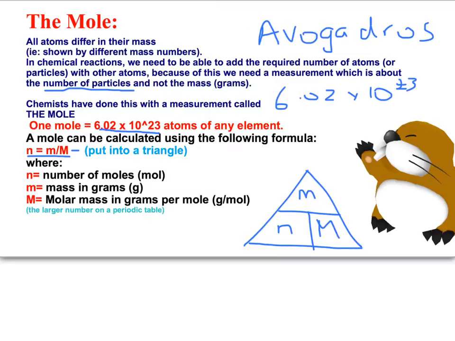This is applicable as little m is grams, big M is grams per mole, so those mass numbers on your periodic table are telling you how many grams there are in 1 mole of any one of those elements on the periodic table. And n, little n, is measured in moles.